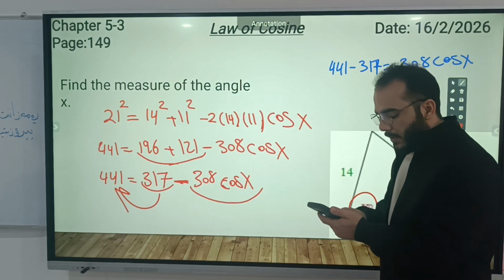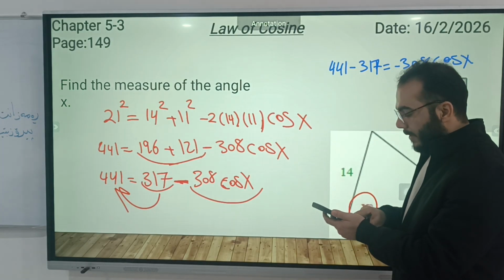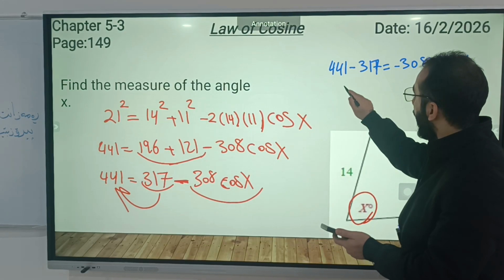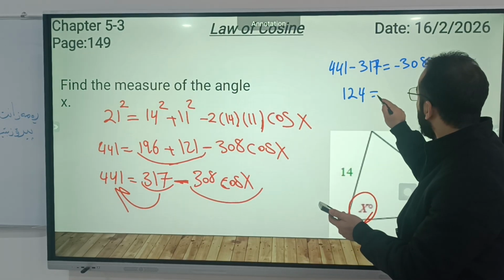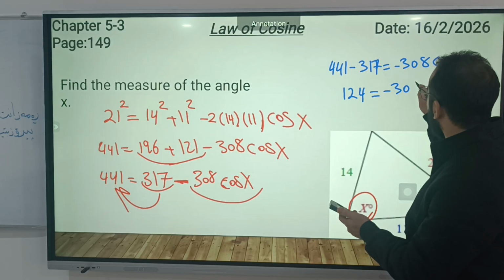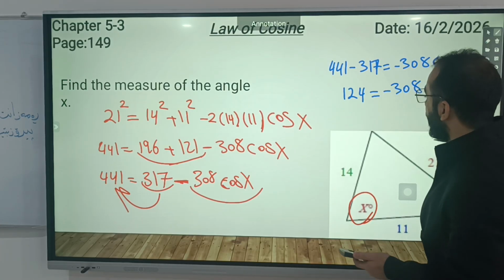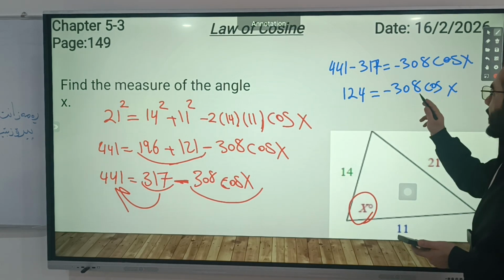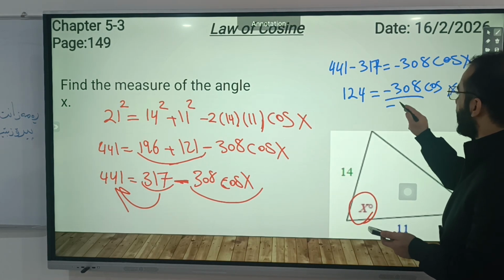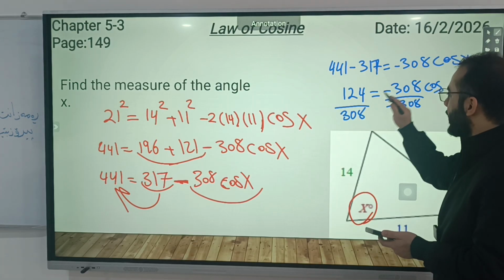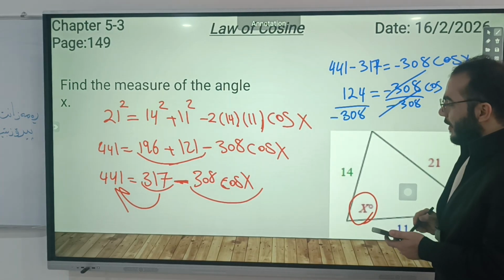So 441 minus 317 equals 124, equals negative 308 cosine x. Now divide both sides by negative 308, because it's the coefficient of cosine x. That's going to cancel this one. Be careful, there is a negative here.